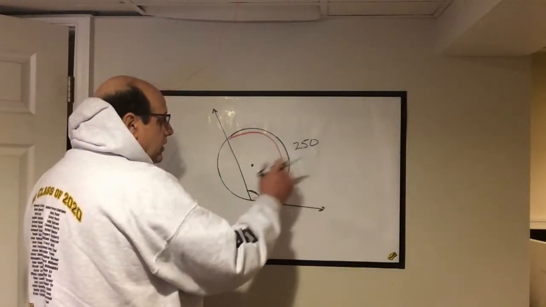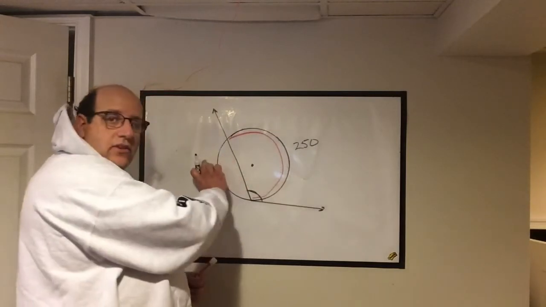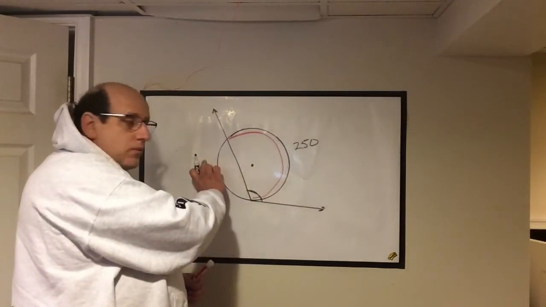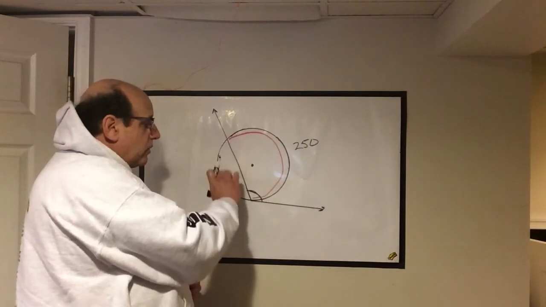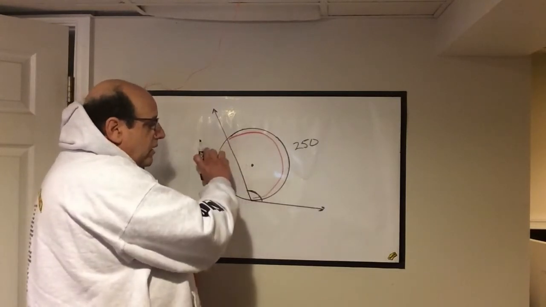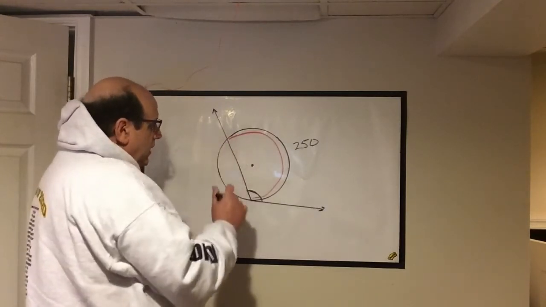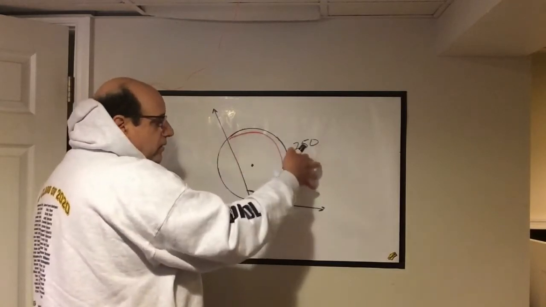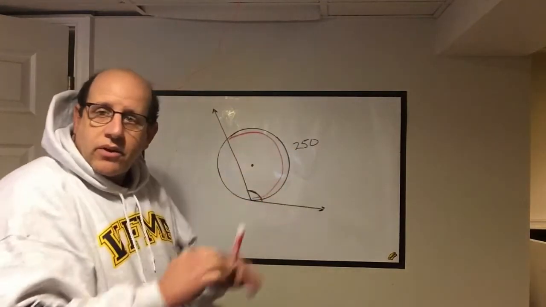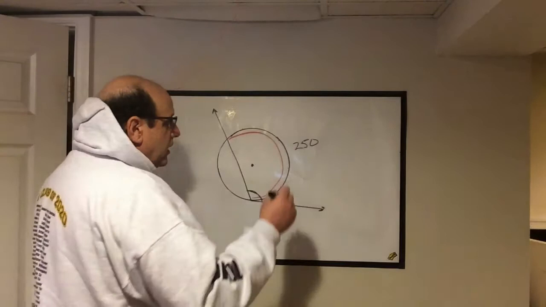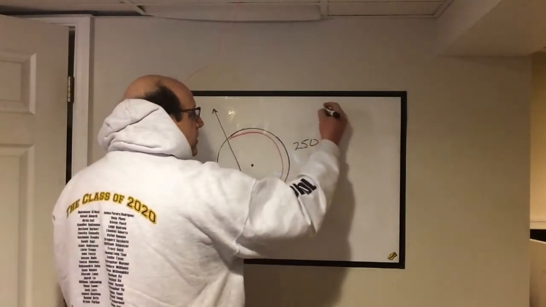You'll also see they'll give you this arc here, the remaining arc that's not the actual one that's cut by that angle, inside that angle, and then you'll have to figure out, subtract from 360, that's what you have left over. But I just want to write the formula up here.